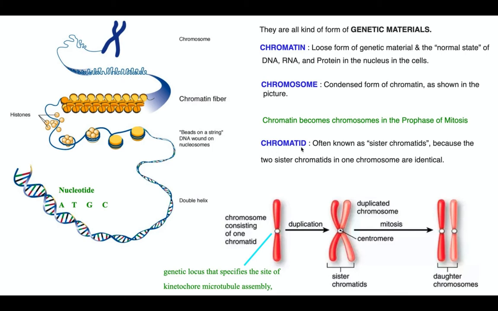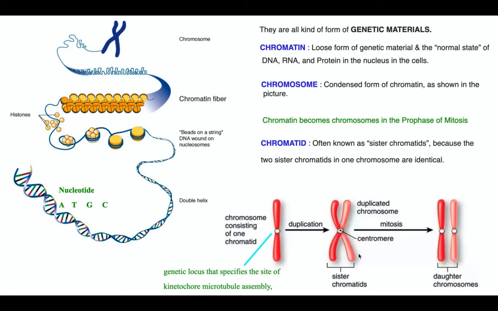So the term chromatid we shall use. Suppose here that the chromatids are duplicated. We shall call it sister chromatid, and this small round thing in between the chromatid arms is called the centromere. It is very important for our mitosis.